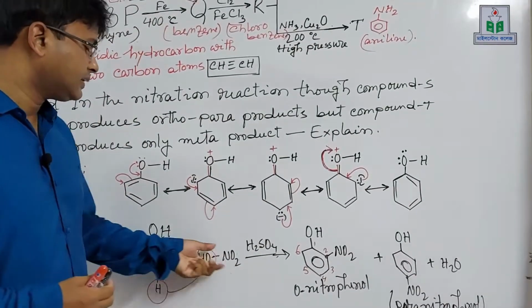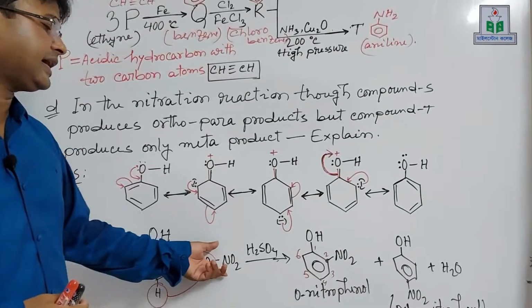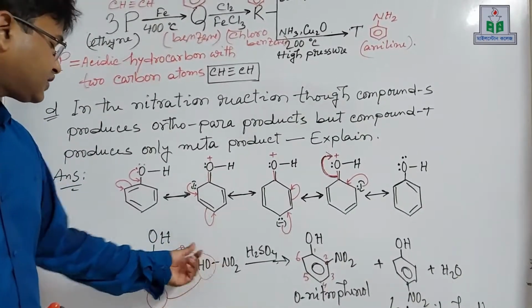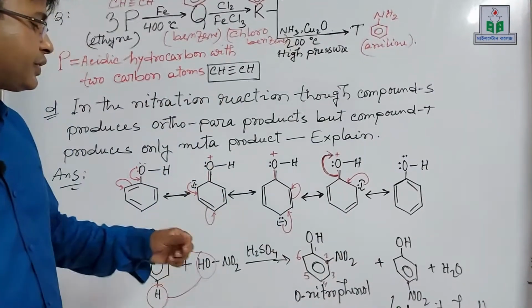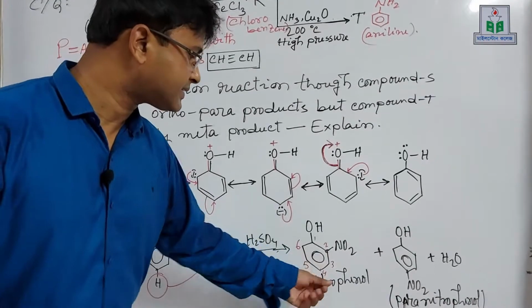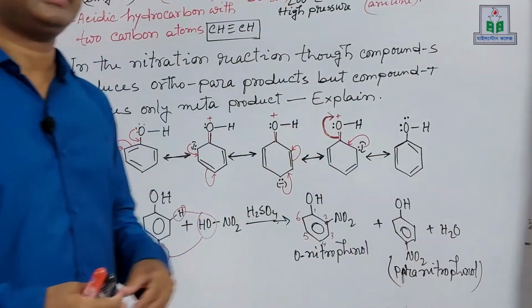That's why the electrophilic reagent, or the electrophile, attacks the ortho and para positions to produce orthonitrophenol and paranitrophenol.